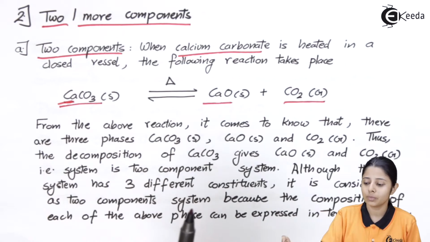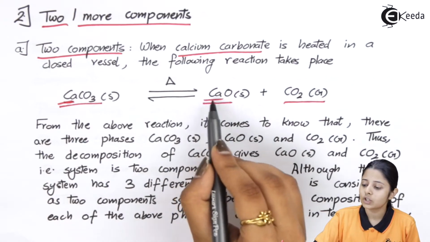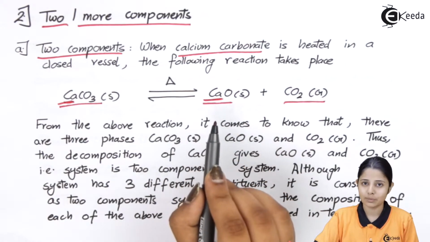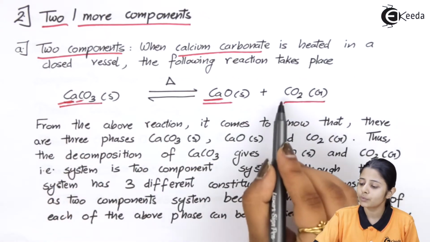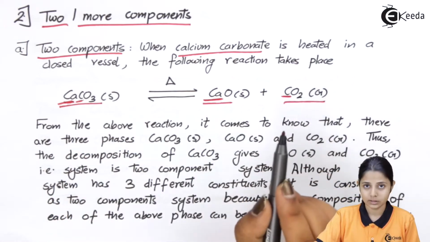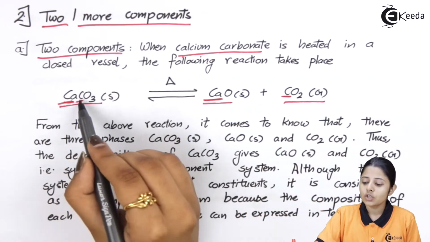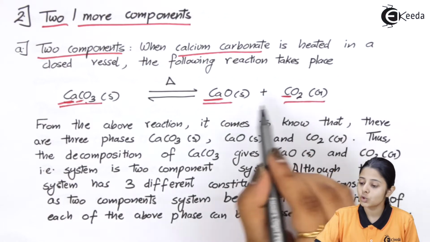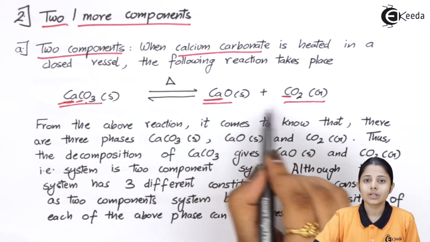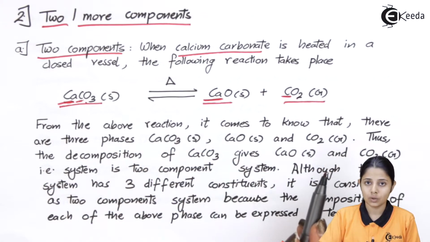I have 1 calcium on my reactant side. I have 1 calcium on my product side. That means calcium is balanced. The number of carbons on my reactant side is 1. The number of carbons on my product side is also 1. The number of oxygens on my reactant side is 3. The number of oxygens on my product side is 2 plus 1, which is 3. So the entire reaction is a balanced equation.